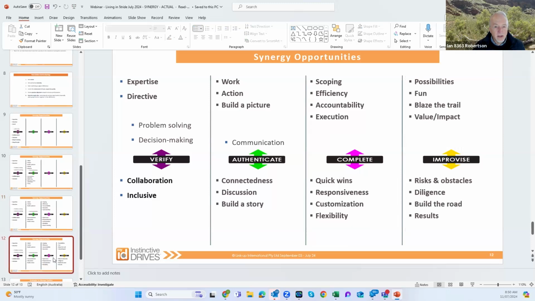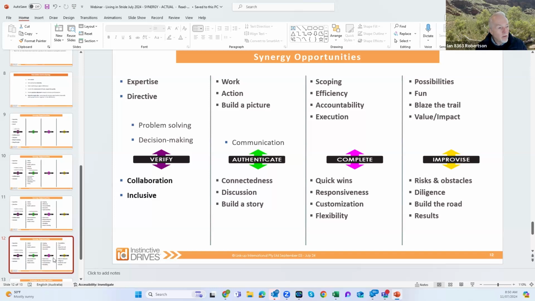I think there's some great stuff that we're going to be able to dig further into in the masterclass. But one of the things, if you look at the synergy between the use improvise and the avoid improvise, how do we make it sustainable?